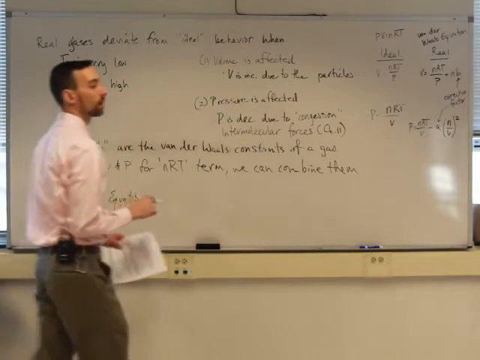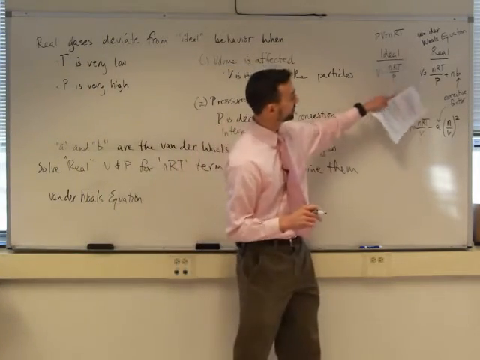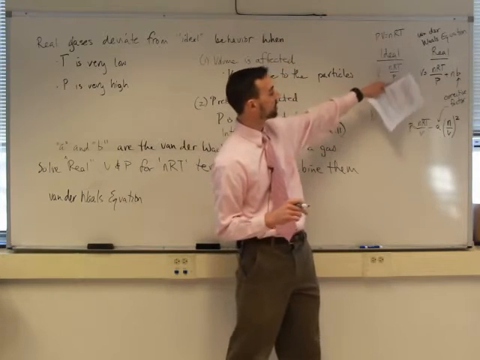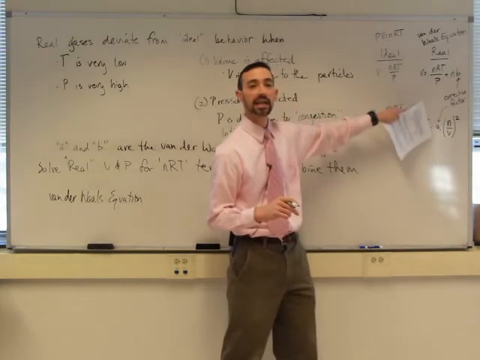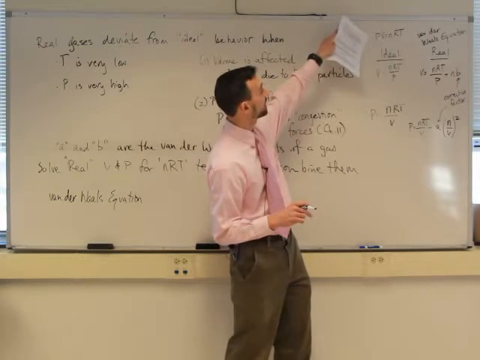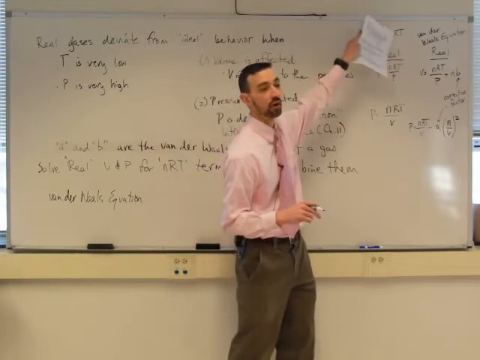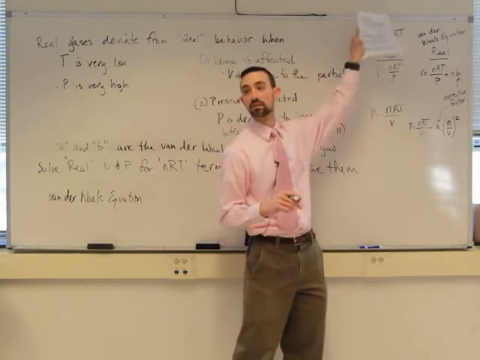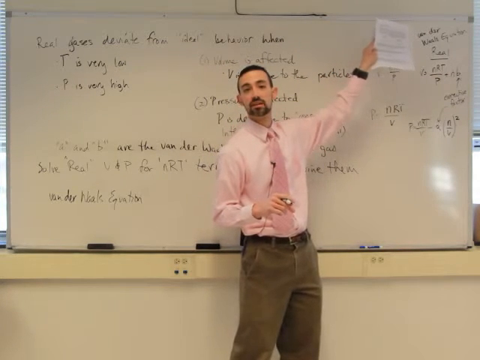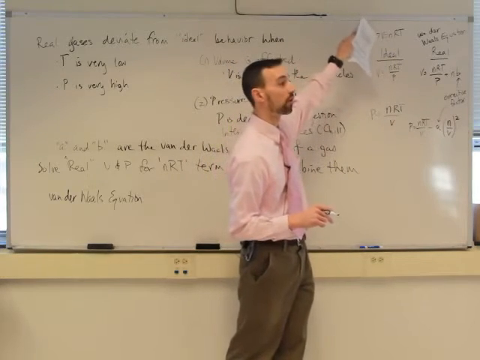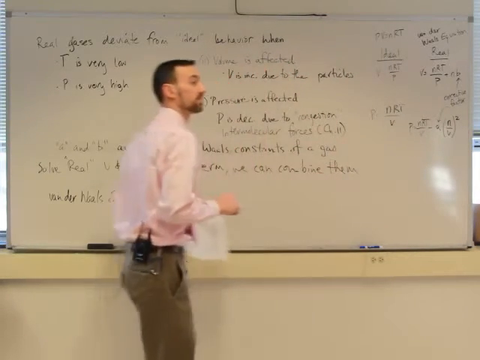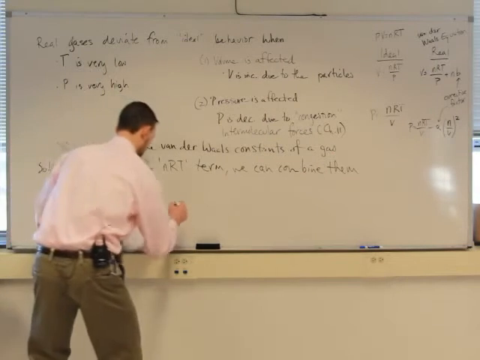Okay? So while each of these respectively is the van der Waals equation for the pressure or the volume, neither of these is analogous to the ideal gas law up here, where pressure and volume are multiplied by one another to equal nRT. All right? So essentially that's what I'm trying to get to, is this form, but for a real gas. And here's what it would look like.